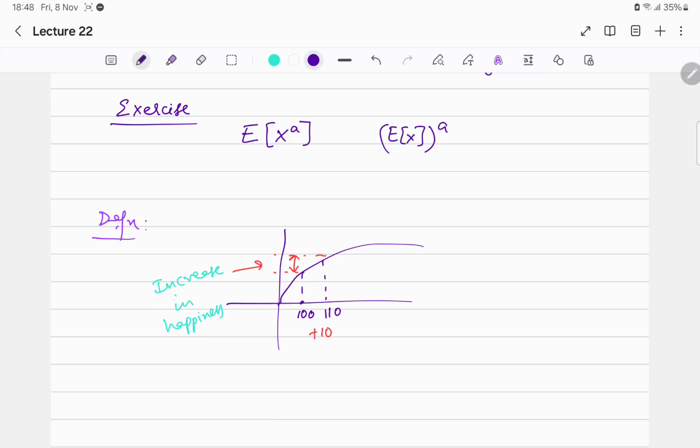Now let's say you look at this point. Let's say he has 1 lakh rupees. Now I am just applying the same plus 10. So now his happiness is not decreasing, it's kind of constant, or maybe it's slightly increasing.